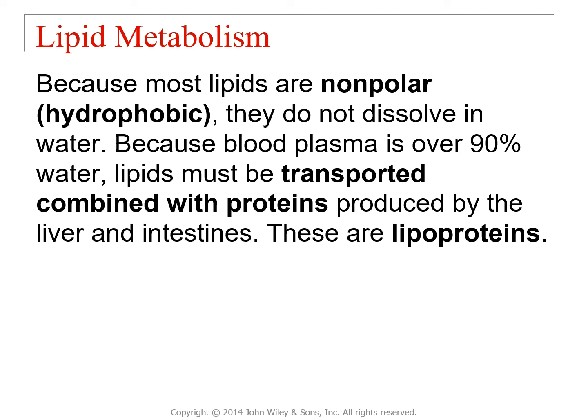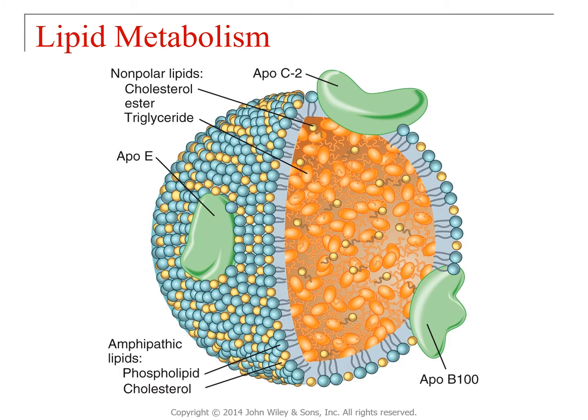The combination of these proteins with lipids creates transport molecules called lipoproteins. Here's a picture of a lipoprotein. What you're seeing in blue and green are the phospholipids, and they are surrounding a core of triglycerides. Remember that phospholipids have that polar head created by the phosphate group, so they help to also make lipids transportable.